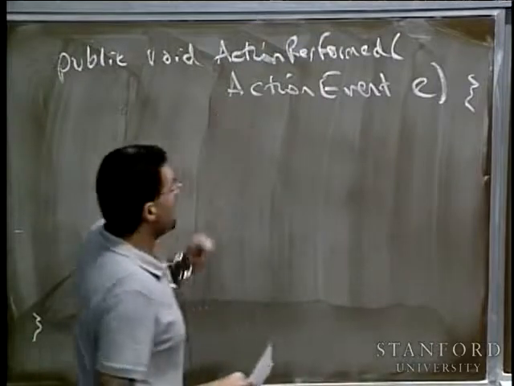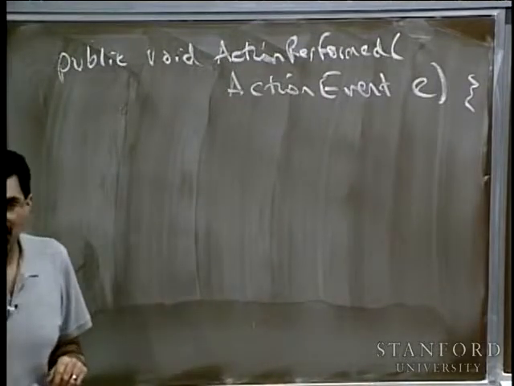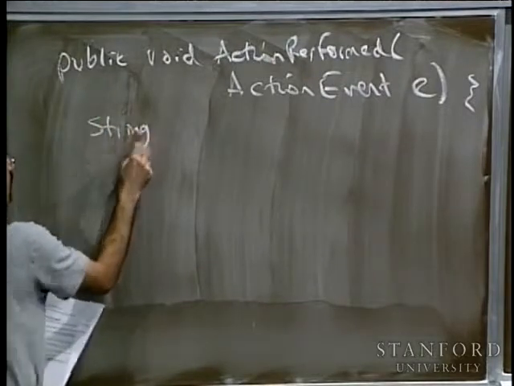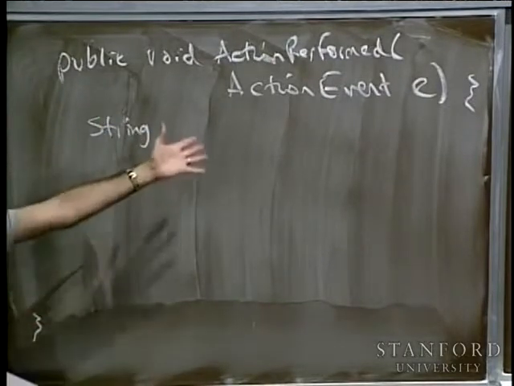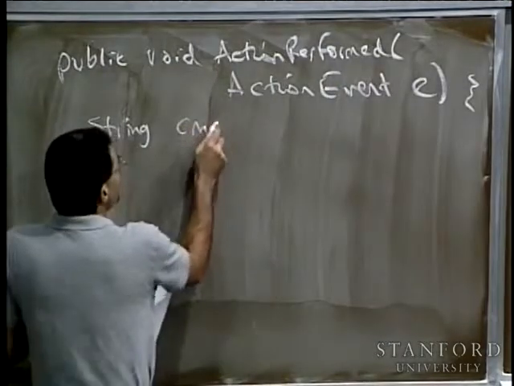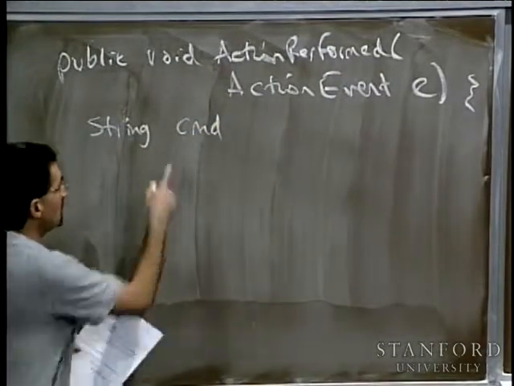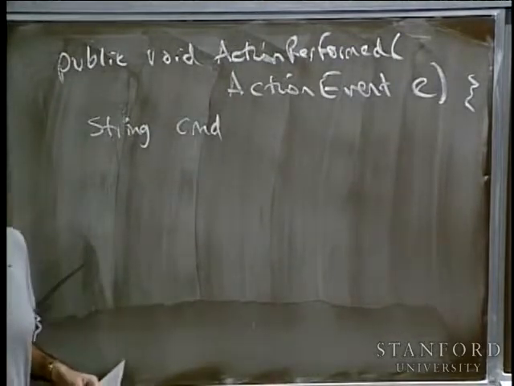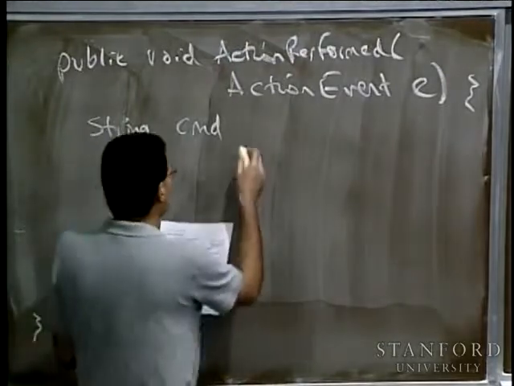Now, when we got this action event, we said there were a couple things you could do with it. There was actually one main thing we talked about: you could figure out which command was the thing that caused this action event to be generated. I want to pull out as a string, and I'll just call it cmd for command, the command or the name of the interactor that caused this actionPerformed method to be called.